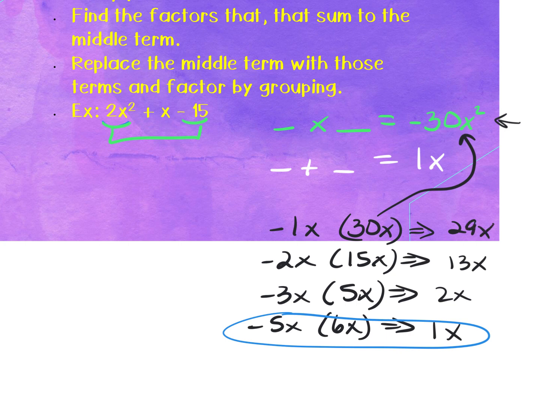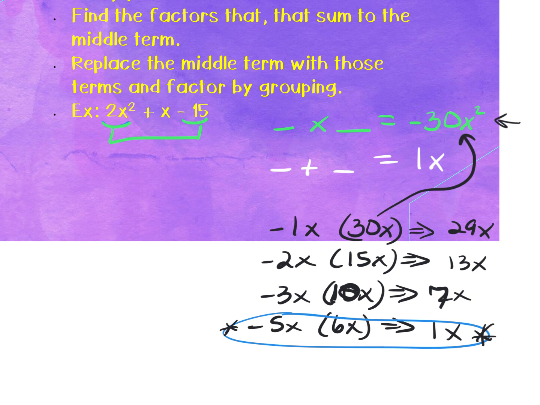Yes, that is a mistake. This should be a 10. And then this, when I add it, is going to be 7. Everybody good on that? Thank you. All right. So negative 3 times 10 is negative 30, and then negative 3 plus 10 is 7. Perfect. So this is going to be my combination I need.